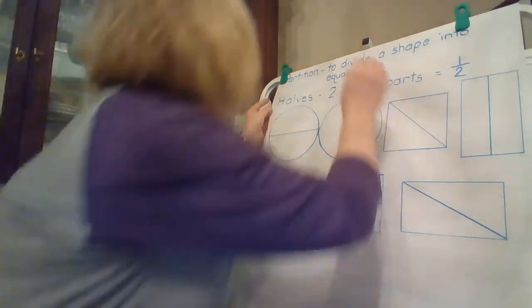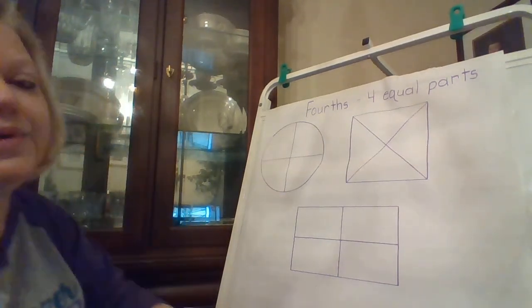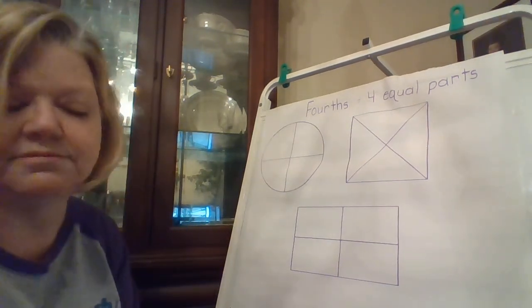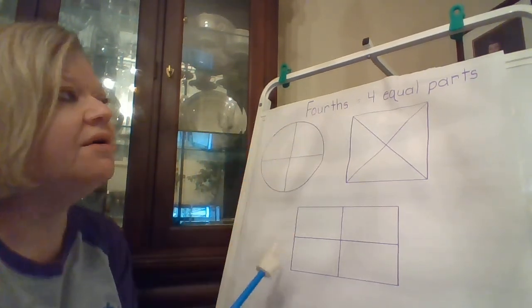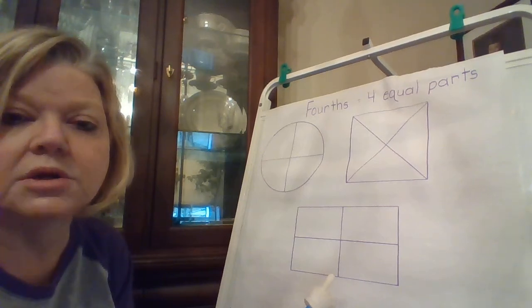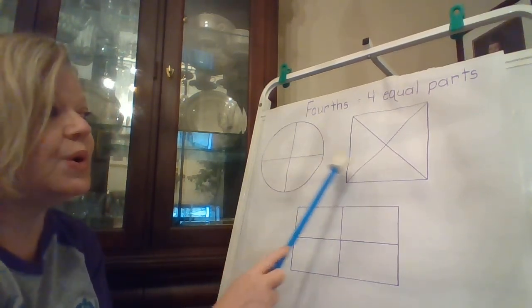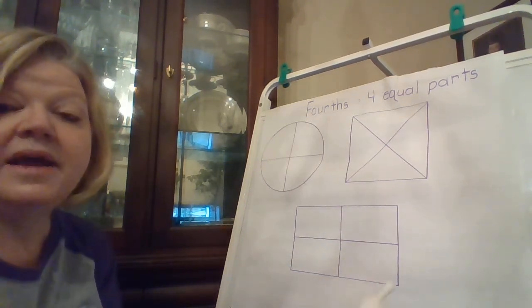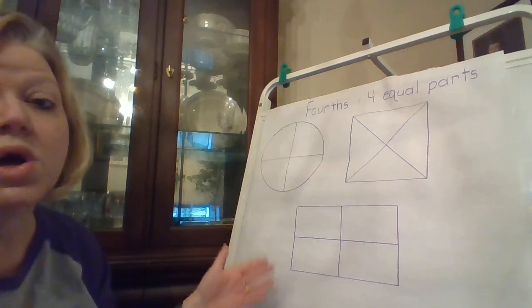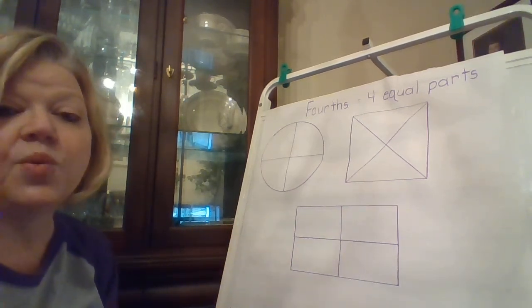Now I want you to look at our next chart, which is going to be fourths. Fourths are 4 equal parts. And again, we have an example of a circle, a square, and a rectangle. Now, Mrs. Hodge has only shown one way to do the square and the rectangle.